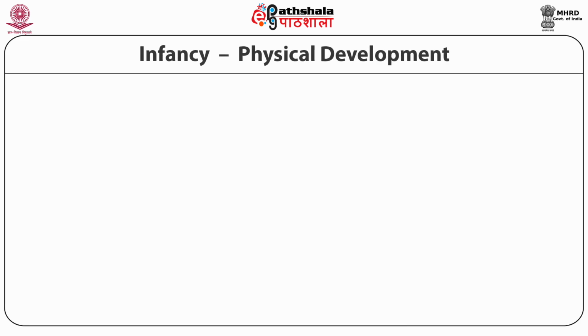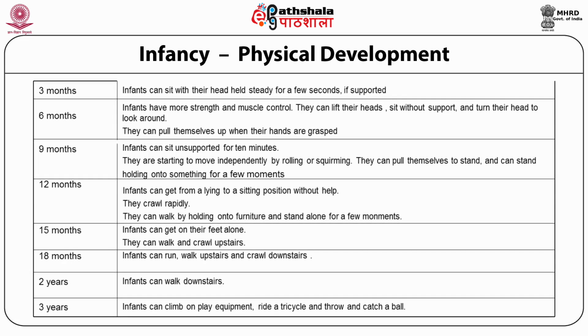The length of a child almost doubles, and the weight of an infant increases by almost 50% during this stage. The nervous system also develops quite fast, and thereby different reflex actions develop at this stage. This table shows us the physical development during the infancy stage, that is, after the birth of the baby.